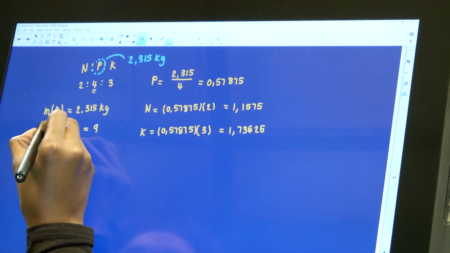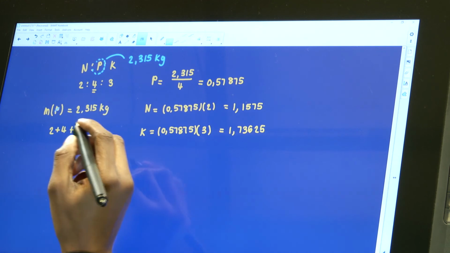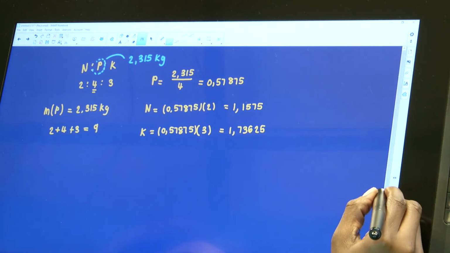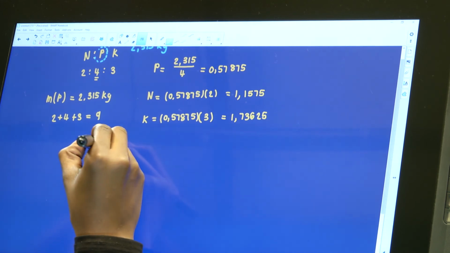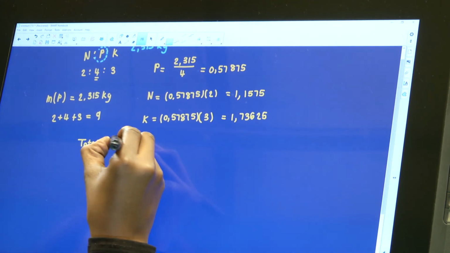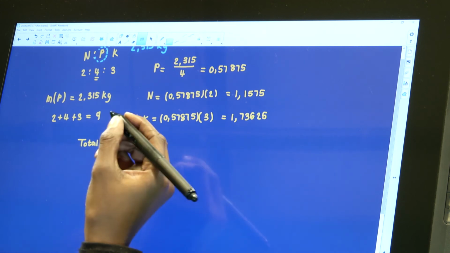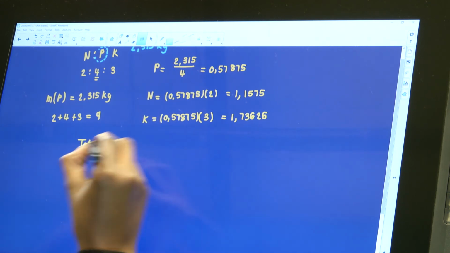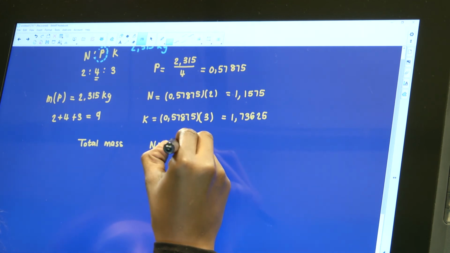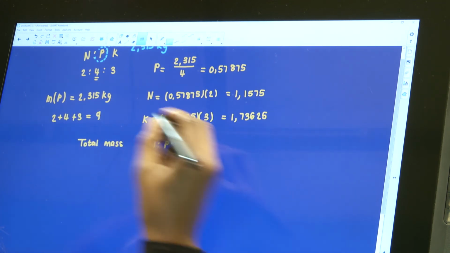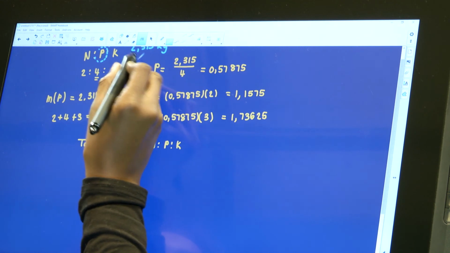The mass of this one was already given, so now I can find my total mass. I'm just going to go down a little bit so I can say my total mass. This one has a bit of a long method, but it's also pretty safer. And remember, my ratio is given, let me write it here, NPK. So now I've found the value of each and every ratio in the bag.